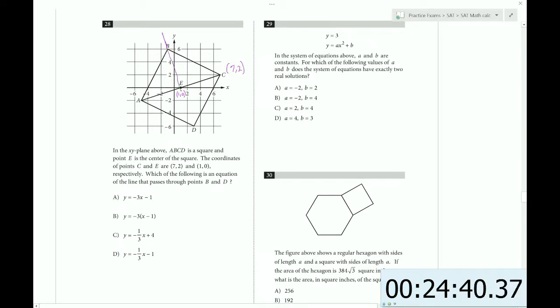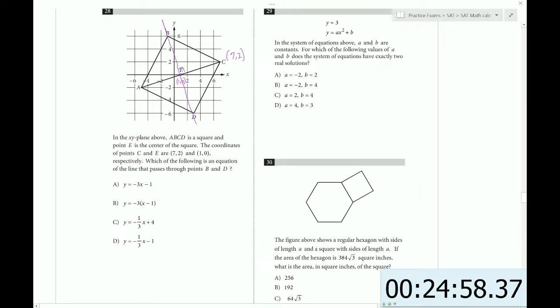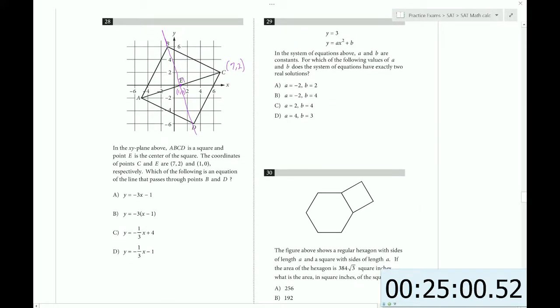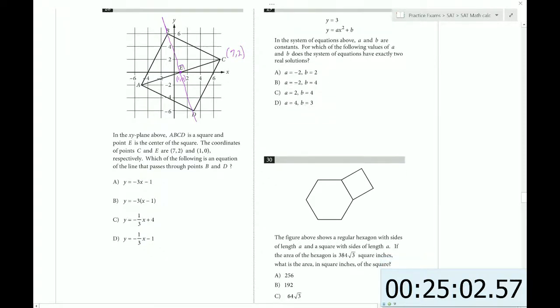It would also go through point E because E is the center of the square. We also know that these diagonals are going to be perpendicular to one another. So if we find the equation of the line for our first one, then we can take the negative reciprocal to get the slope of the one that we're dealing with.